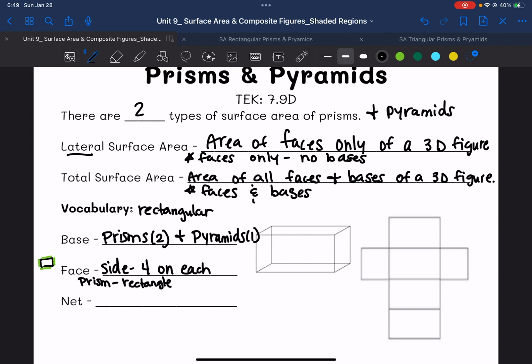Okay, and then a pyramid is going to have faces that are triangles, because a triangle goes up into a point, okay, it doesn't have another base. All right, a net is just a 2D or two-dimensional composite figure.